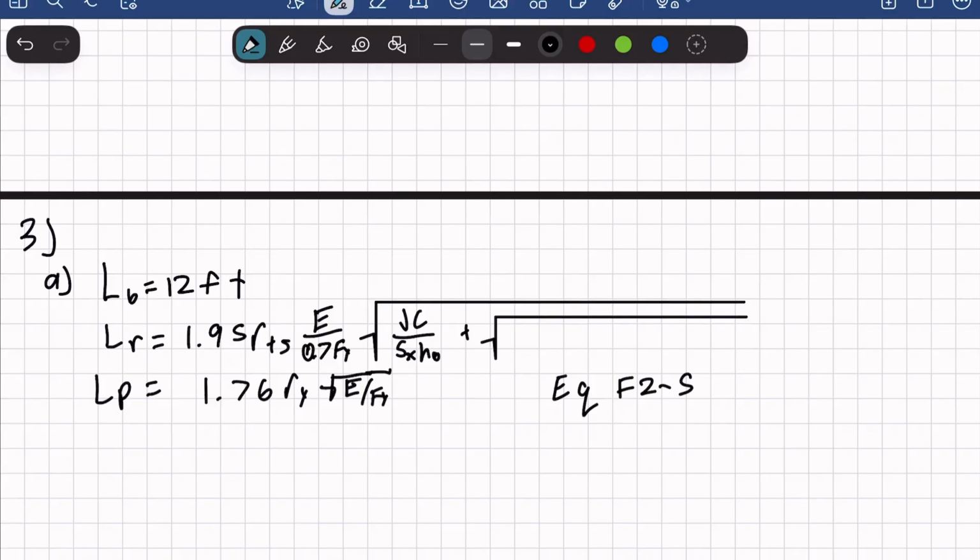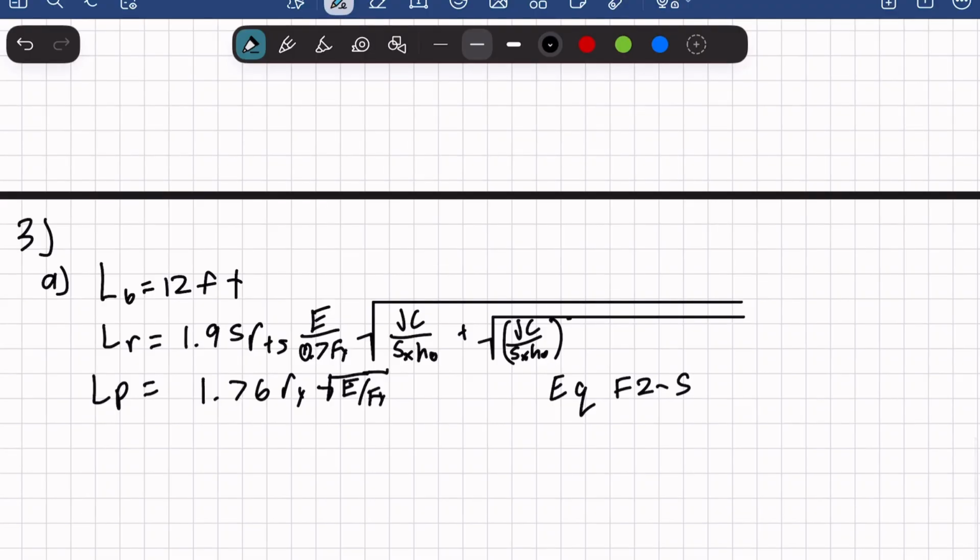There's really no need to do this by hand. This is all tabulated already. If you read into the literature a little bit more, I'm pretty sure you can find information on where this 0.7 FY comes from, but essentially it has to do with the limit states that we're talking about.